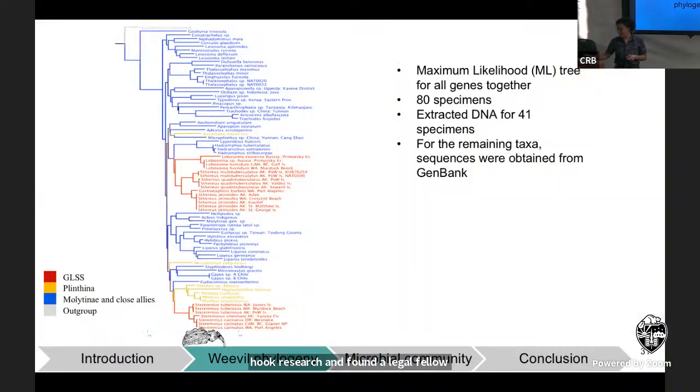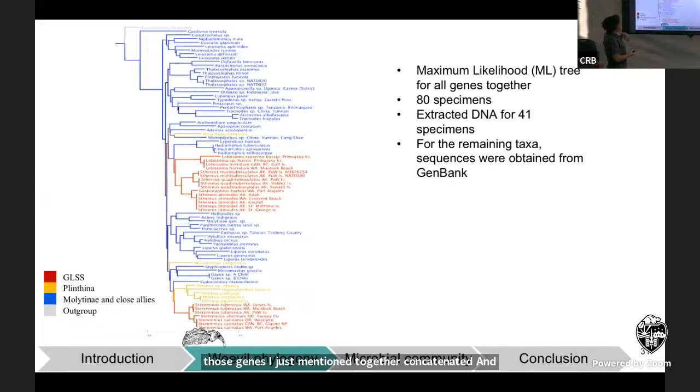So let me show you what I found. A lot. Don't worry, I'm going to zoom in in a second, but essentially what I found was this giant maximum likelihood tree. What you're looking at here is all of those genes I just mentioned together, concatenated, and now in a tree.